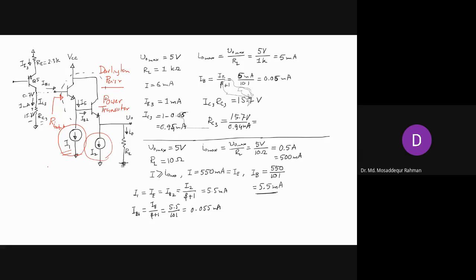In discrete amplifiers, we use a network of resistors to bias the transistor amplifier, but in integrated circuits, current sources are used instead of those networks of resistors. So our next topic is how we design and construct these current source circuits.